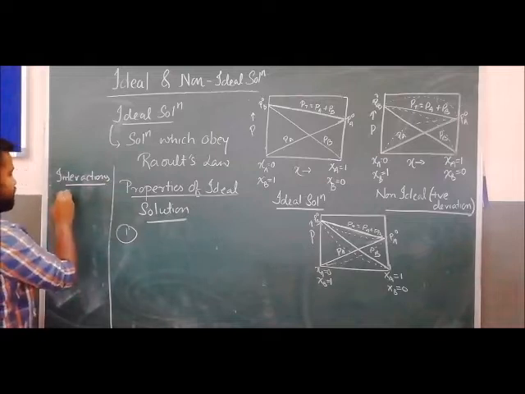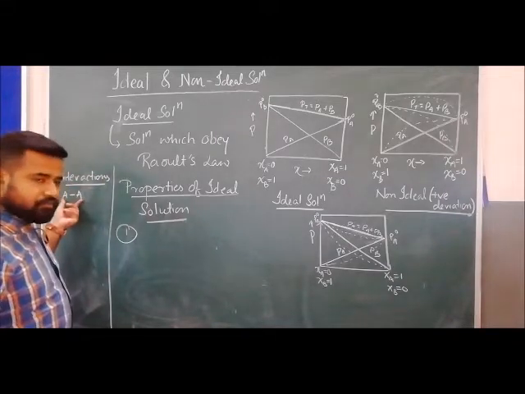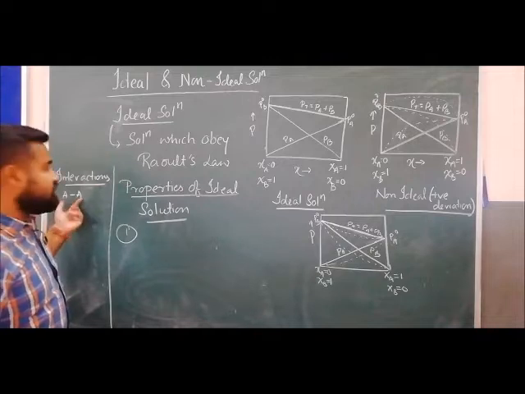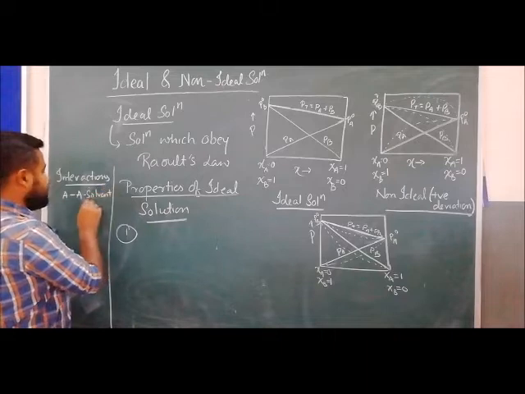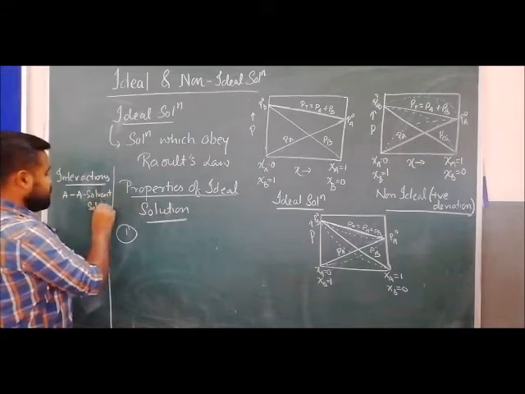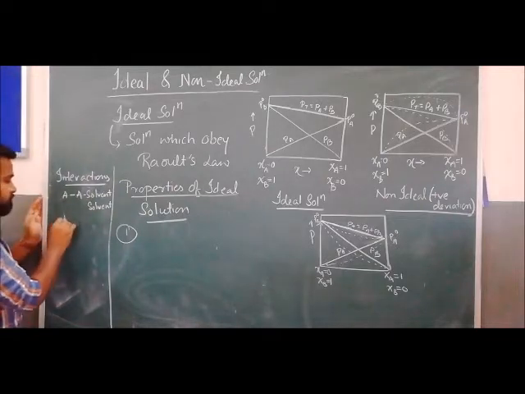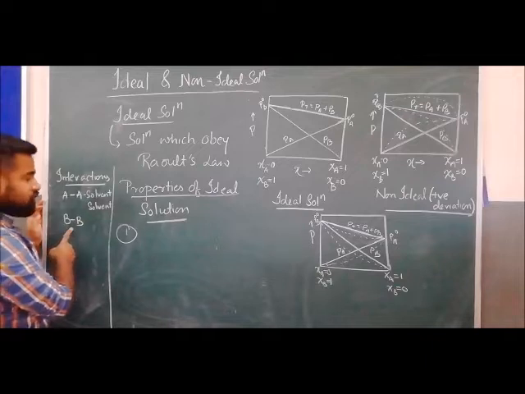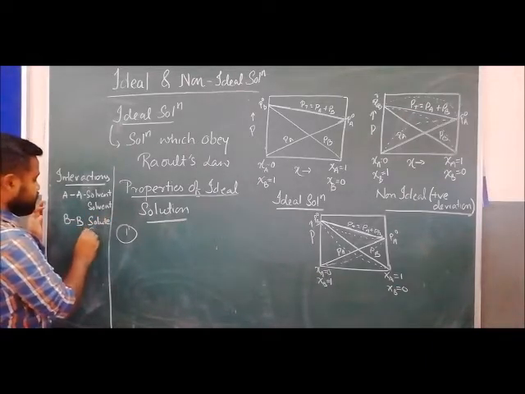The first is solvent and solvent. Because we take solvent as A, this is called the AA type interaction, the solvent interaction. Similarly, B is considered as the solute, so this is the BB solute interaction.